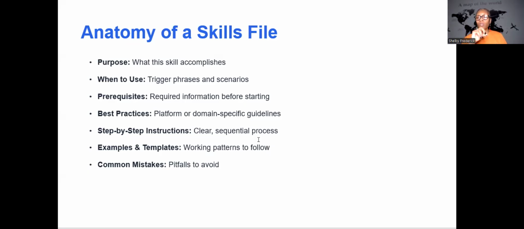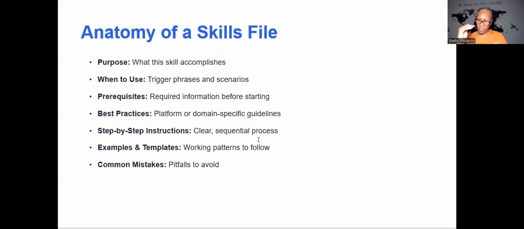So, what are the pitfalls to avoid? Say a certain language that you would not want it to use. I was working on something, and it had given me pretty decent content. I love what it had given me, but as I was reading through it, it was talking about the universe and some other stuff, and so I had to go back and be specific.